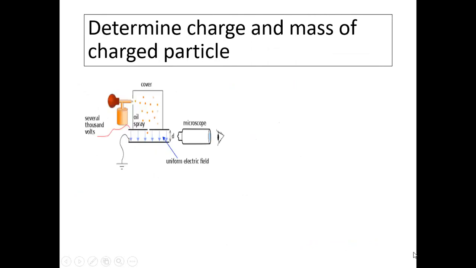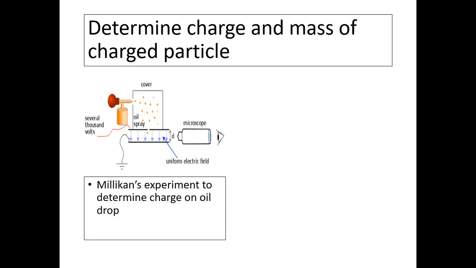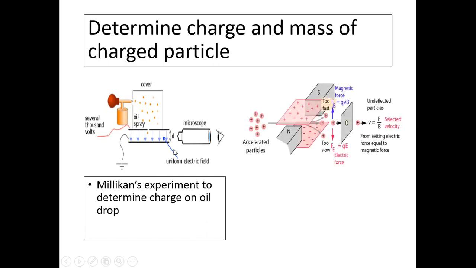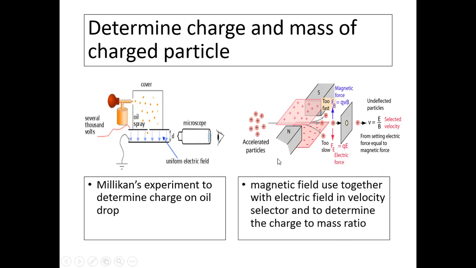And then the first thing you have to determine is the charge and the mass of a charged particle. So first thing you have to know is the charge of the particle, the charge of the electron. This one we use Millikan's experiment, under electric field. Then we use electric and magnetic field to select the velocity of a particle. That's what we will study later on, so that we can find the charge to mass ratio.